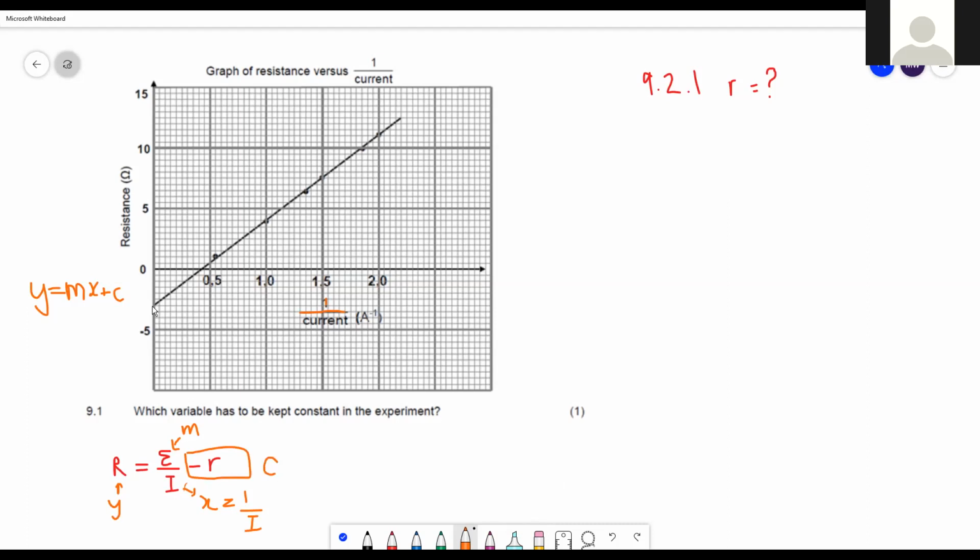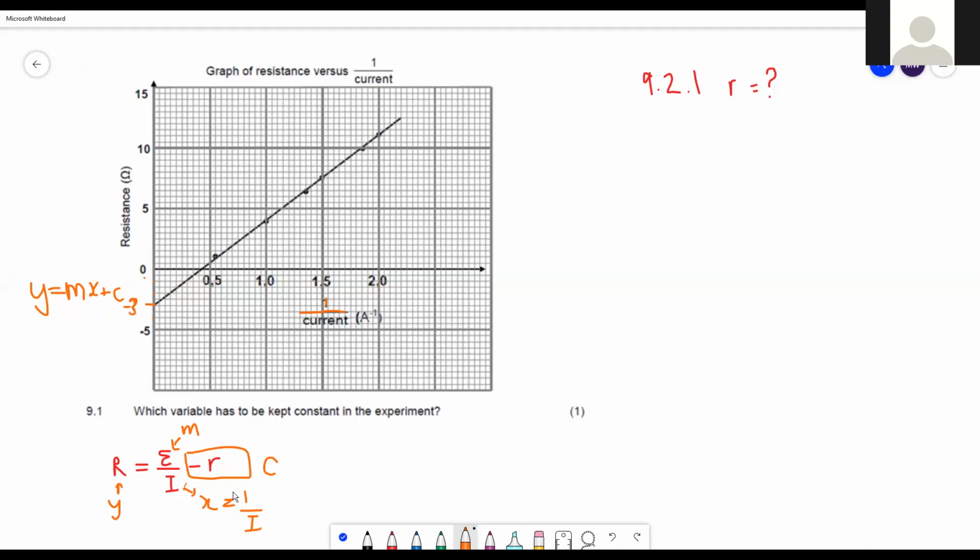Okay, so we have to go look, where does this thing cut your x-axis? So if you look at it, every two blocks is a number. So 1, 2, 3. So it's going to be -3.